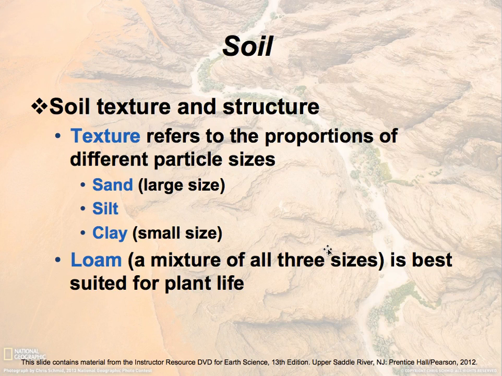If something is sand, it can be sand of any kind of mineral. It doesn't have to be white quartz sand that we see at the beach. There's lots of different sands in the geosphere. Loam is a mixture of all three grain sizes that you see here, and is typically the best for growing crops, for plant life.